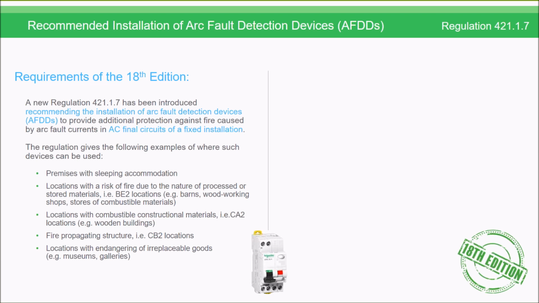Then we've got fire propagating structures, and these are CB2 locations. And then we've also got listed locations where you've got a danger of endangering irreplaceable goods, and these are the likes of museums, art galleries, and so forth.